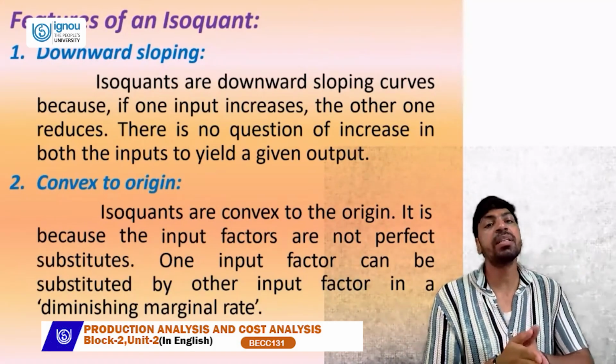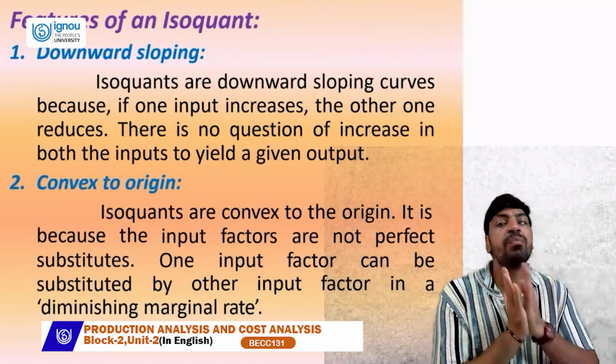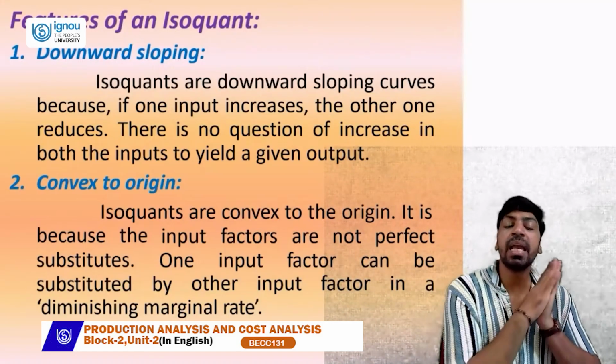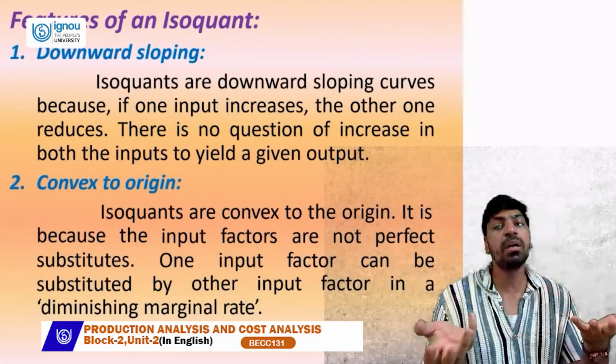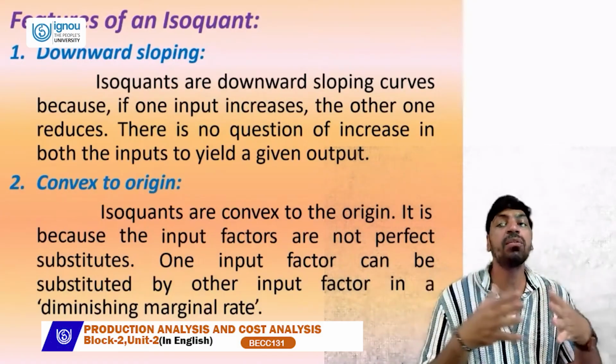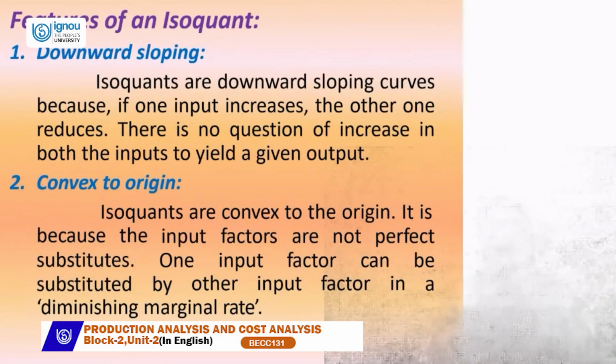In other words, there is an inverse relationship between the two inputs, that is capital and labor. An isoquant does not arise when there is a positive relationship between the two inputs that produce the same level of output. If it is downward sloping, it means if you want to gain one input, the other input should decrease.